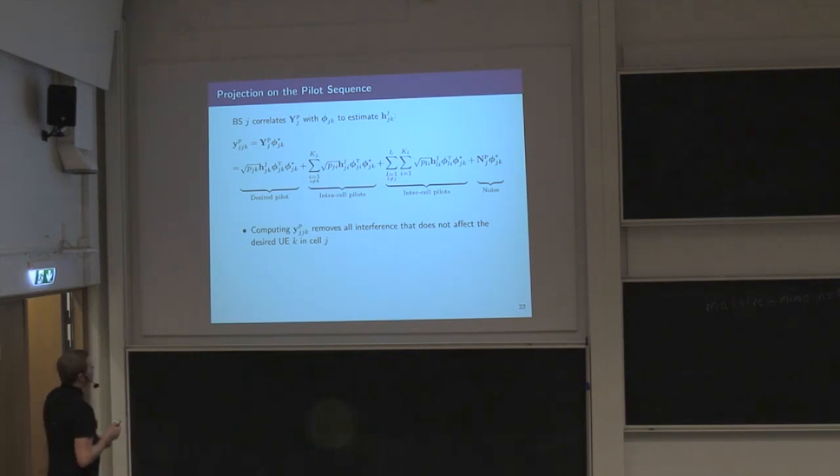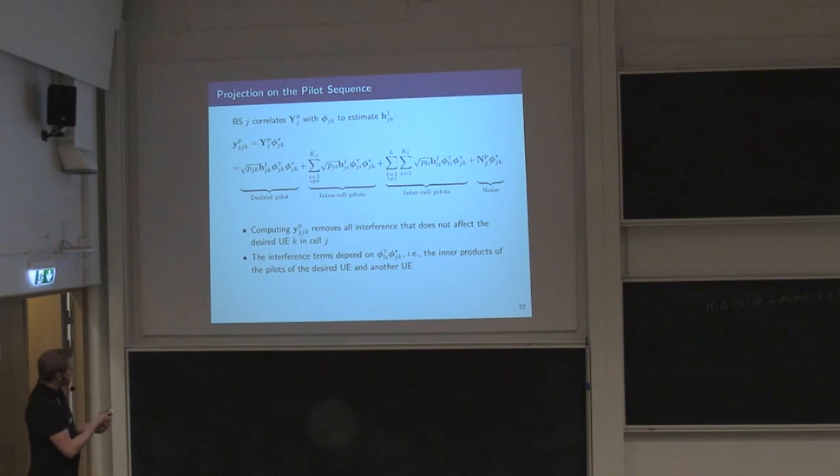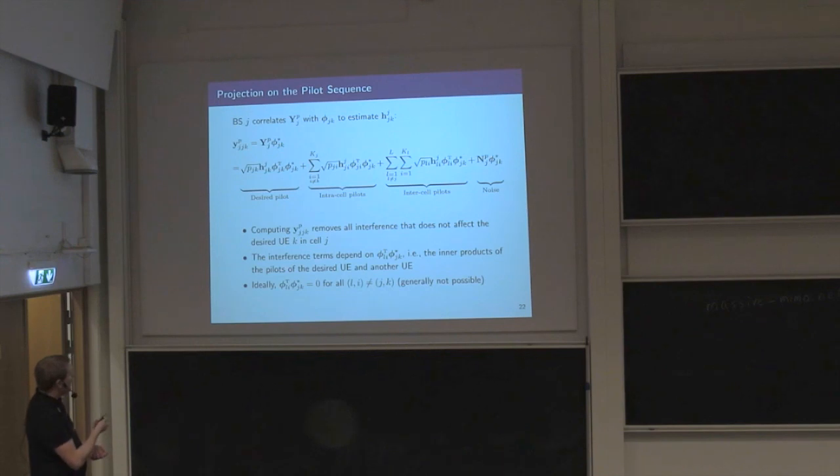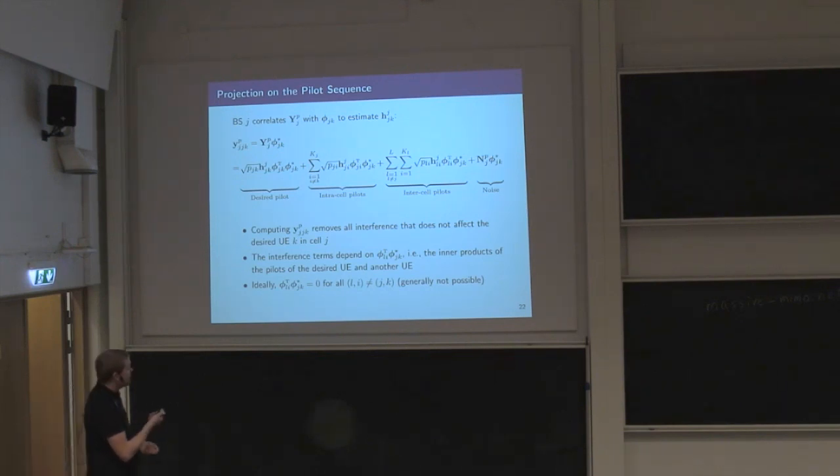Let me now look at what will happen. And we see that the interfering terms here contain this inner product between the pilots of my desired user and other users in the system. Ideally, we would like to make sure that this inner product between two different users is always equal to 0.